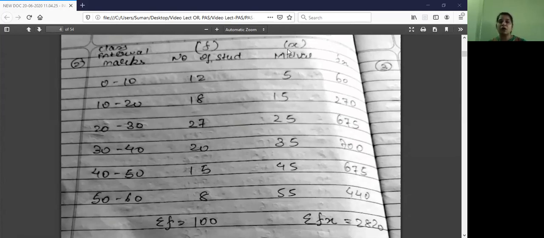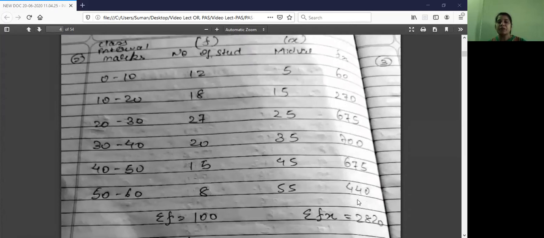So we have two columns: first is x and the second one is f. The method is that we find the value of fx. So 12 into 5 is 60, 18 into 15 is 270, 27 into 25 is 675, 20 into 35 is 700, 15 into 45 is 675, and 8 into 55 is 440.